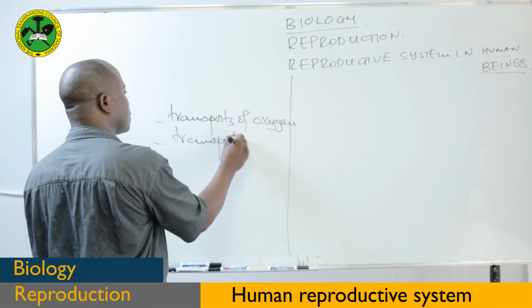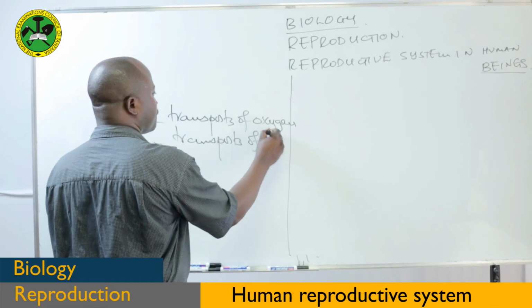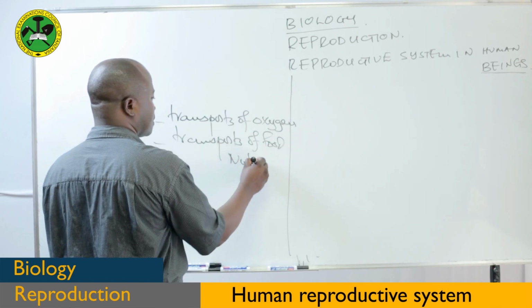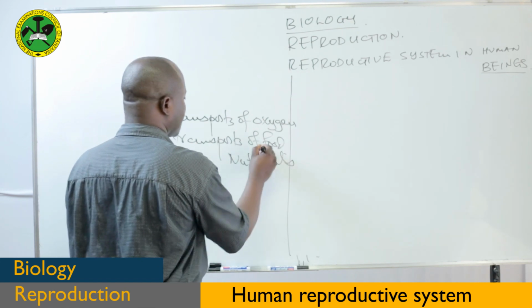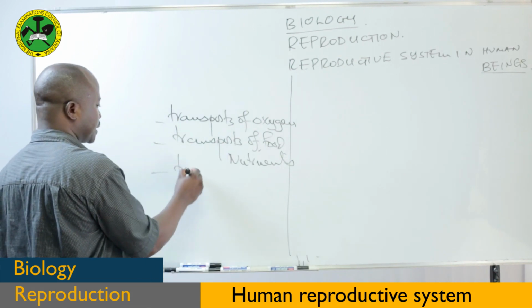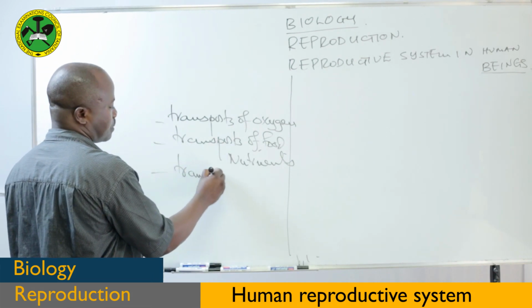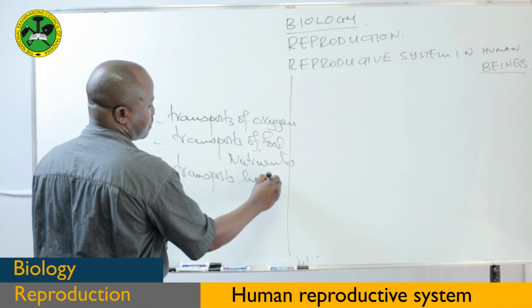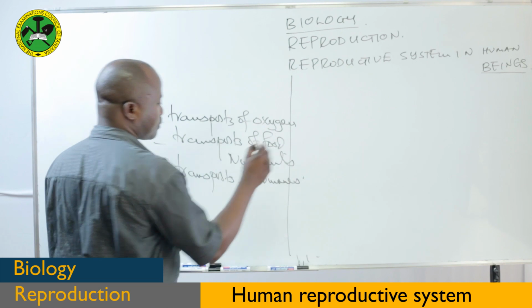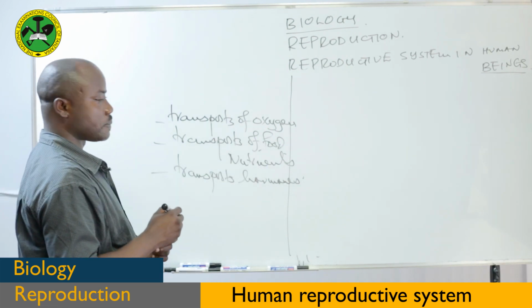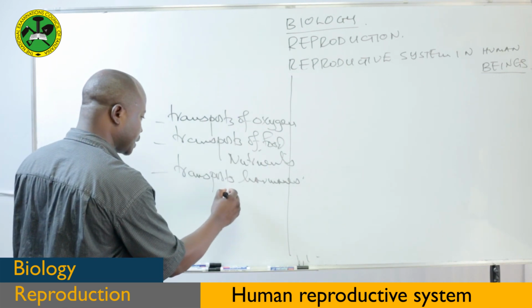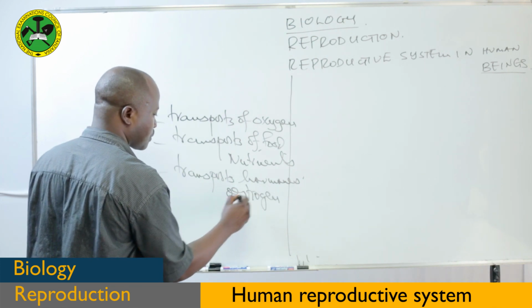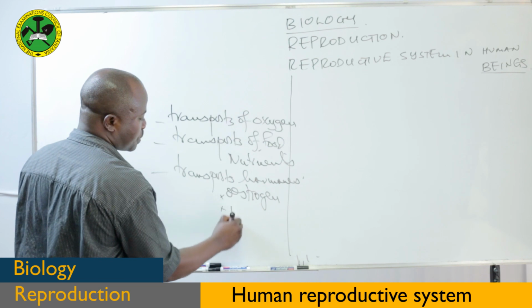Also transports food, nutrients, but also transports hormones. And I said the female reproductive system produces 2 hormones, the estrogen and the progesterone.